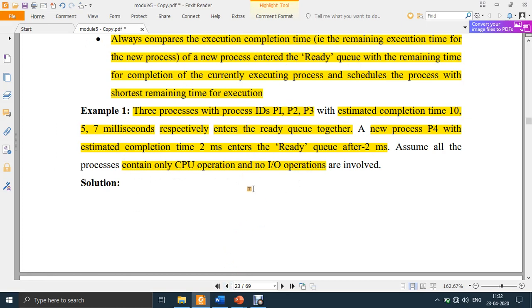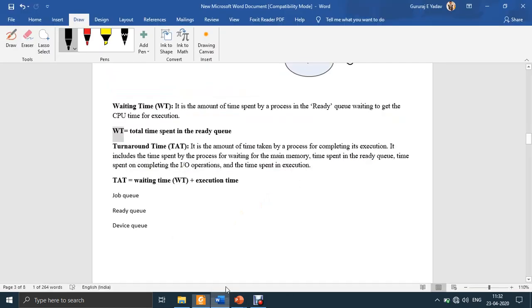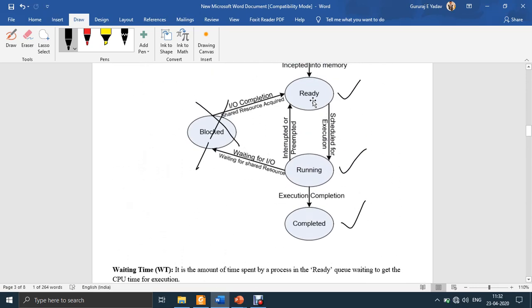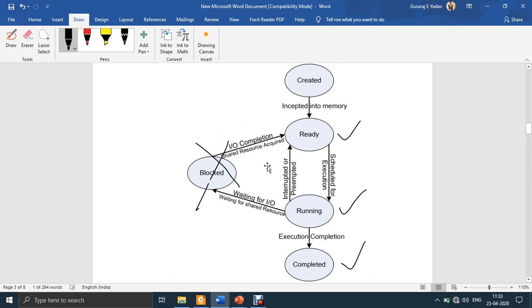I'll start with the diagram now. Job queue, ready queue and device queue. In this case, we are dealing with only the ready queue because there is no IO operation.